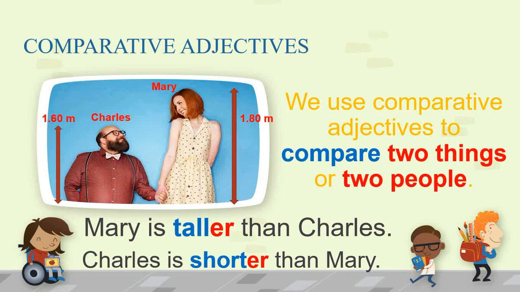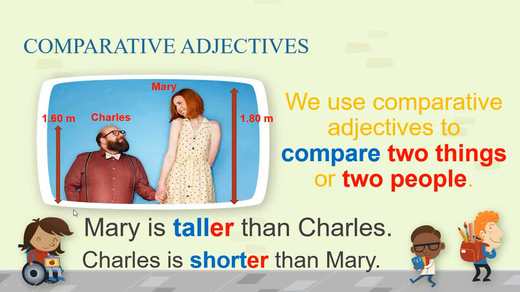For example, we have Mary and we have Charles. Mary is 1.80 meters tall and Charles is 1.60 meters tall.